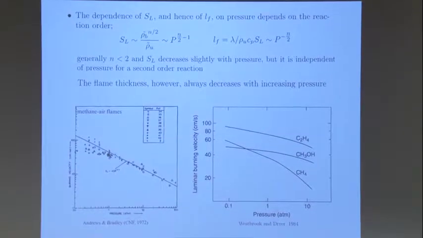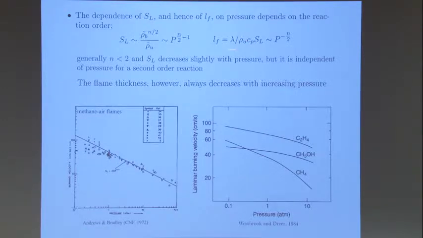Okay, what else can I say? Oh, now another thing is here, the flame thickness. The flame thickness now, okay, it's lambda divided by rho_u times SL. So the SL gives you a P to the n over 2 minus 1, but it's in the denominator, so it's going to be 1 minus n over 2.